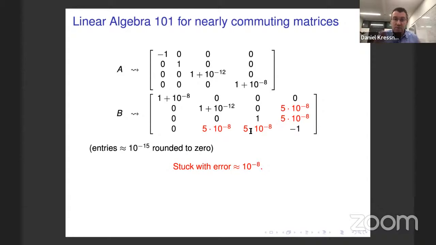So even though you know that the matrices A and B are nearly commuting up to a level of 10 to the minus 15, this linear algebra 101 procedure is not recovering it. You can start with A, you can start with B. In both cases, you will realize that you're stuck with an error of 10 to the minus 8 in this procedure. And it's not easy to fix. You can start clustering and try to massage things a bit, but it's not going to fix the problem.